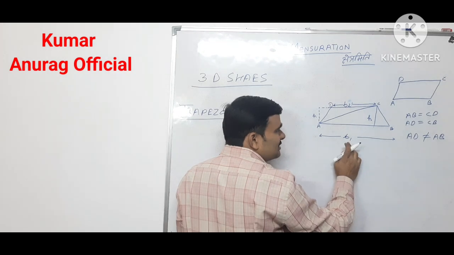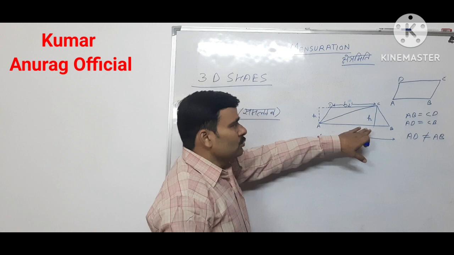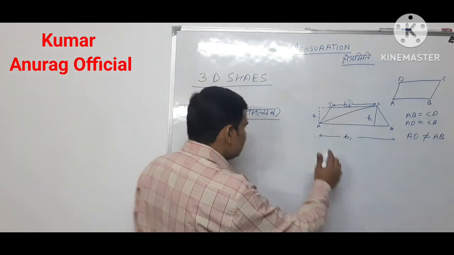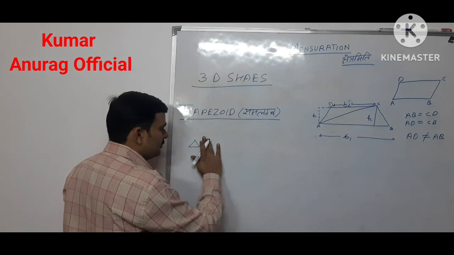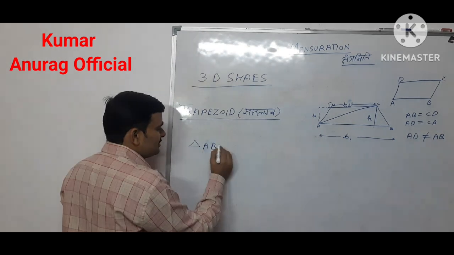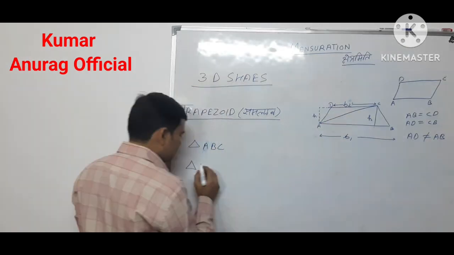So this is the base, and this is the height. Now we can see we have two triangles: the first one is triangle ABC and another one is triangle ADC.